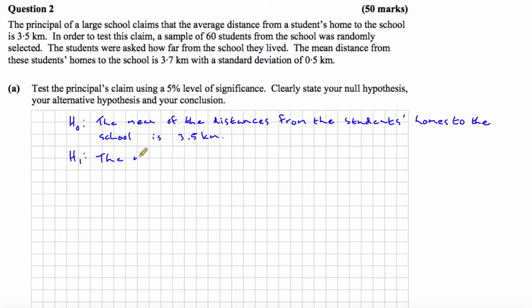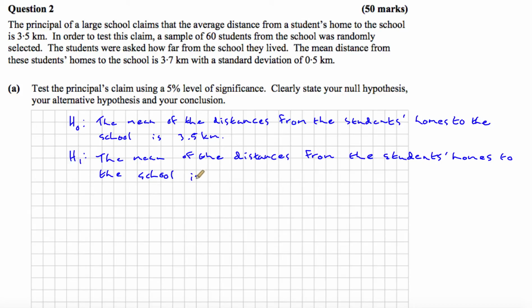So the mean of the distances from the students' homes to the school is not 3.5 kilometers.